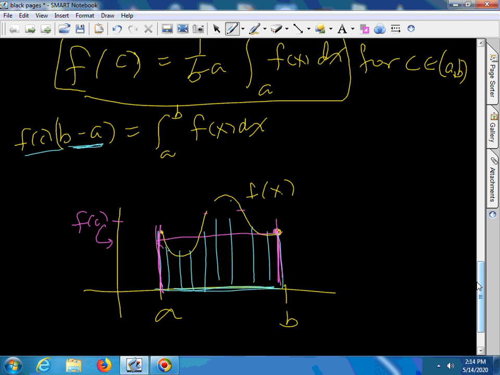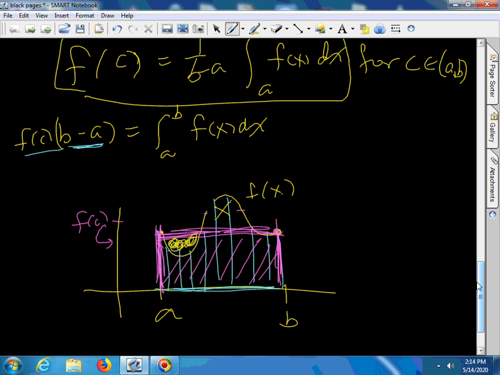Now, if you calculate this area, you're going to get this area, which you should be getting. You're also going to get this area. So that seems like everything, but you're not getting that area.